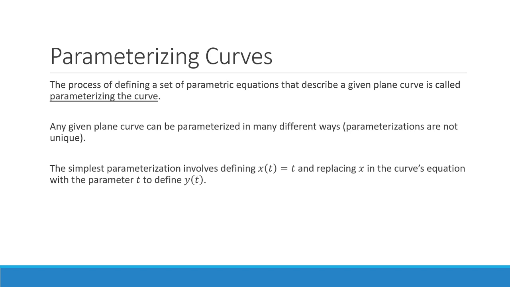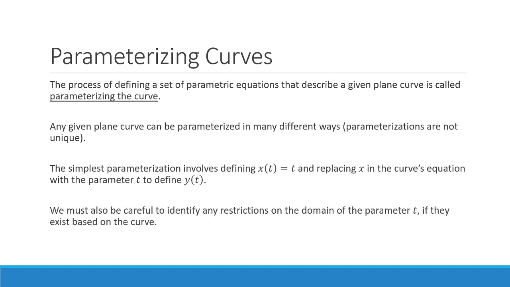That will result in the same set of points x, y as x of t and y of t. But you don't have to. You can use any other parameterization that you want. You can set x of t to be literally anything that you want, and then whatever you choose there, plug that in for x in the curve's equation, and simplify as much as you can, and you'll get your other equation y of t.